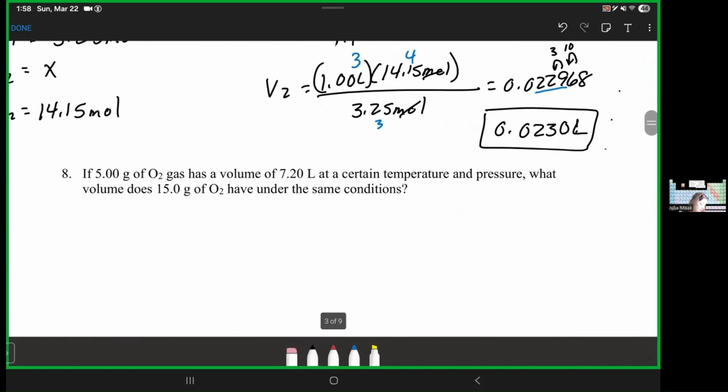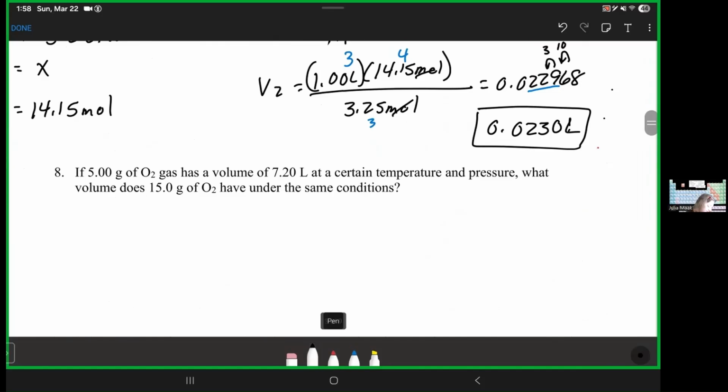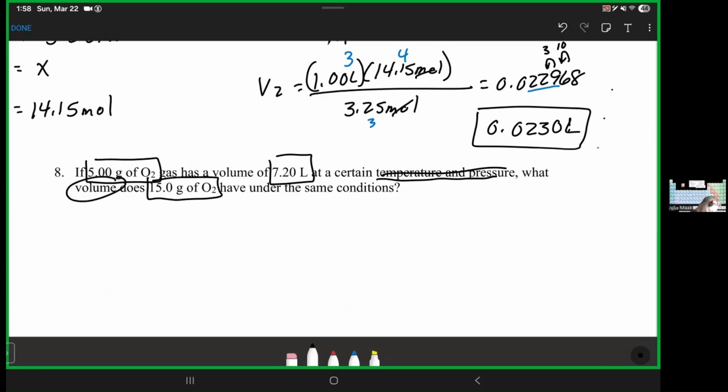So now, if I look at this next one, I have a mass of gas. So when you get a mass of gas, you're probably going to have to convert it to moles, most likely. Okay, I have a volume at a certain temperature and pressure, so those were held constant. And I have another mass, and we are looking for what volume? What is my second volume?